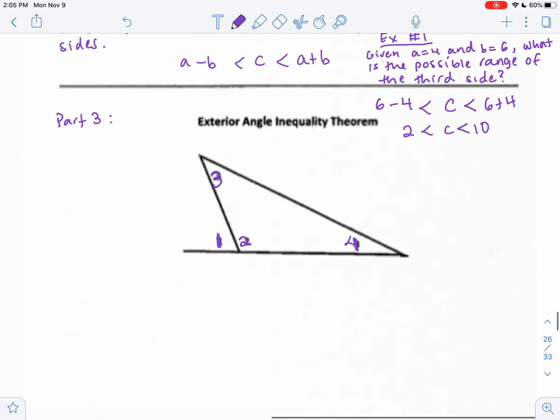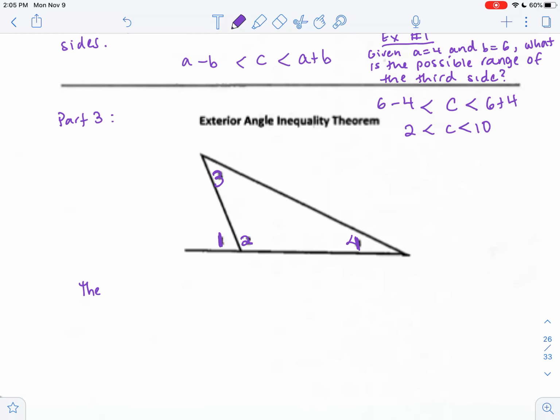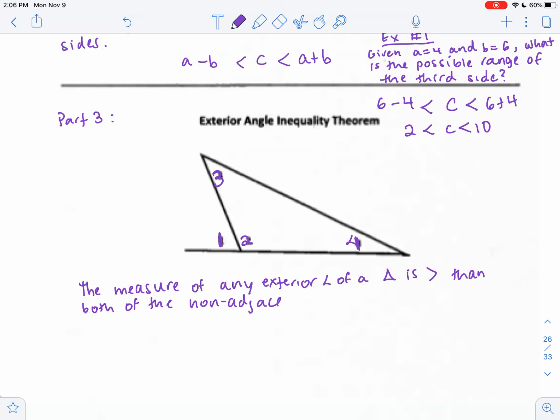According to this theorem, the measure of any exterior angle of a triangle is greater than both of the non-adjacent interior angles.